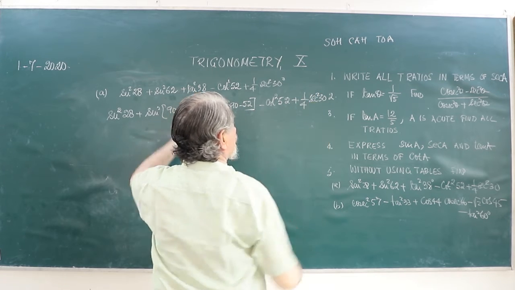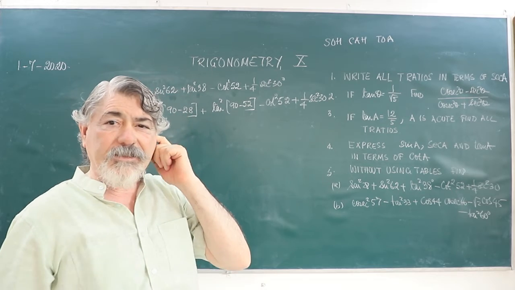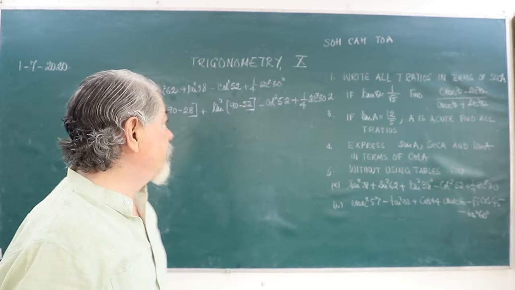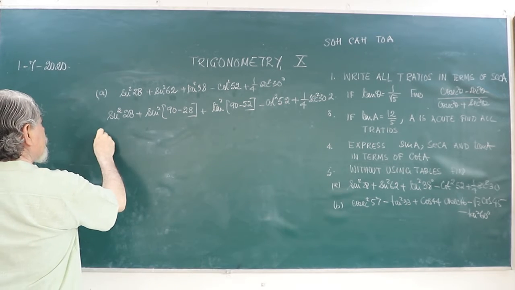Sec 30, we know. What is the value of sec 30? That is from the standard table. Now what are we going to do? Sin square 28.